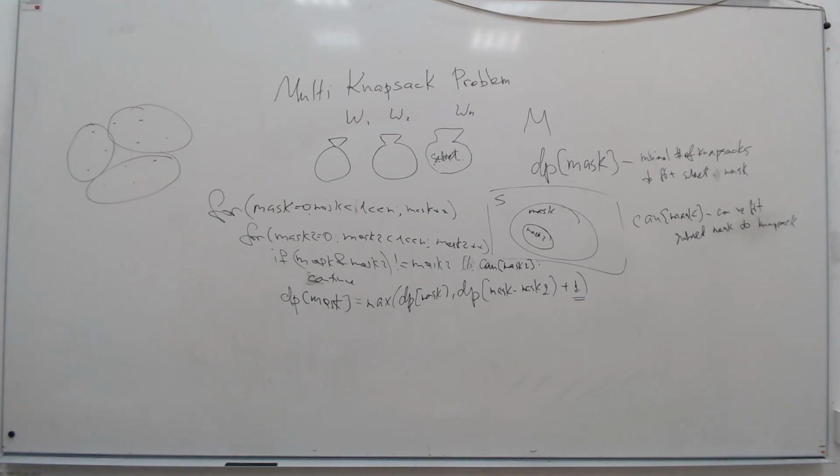These masks are just the numerical representation of the subset, and nothing else. I think I mean just not one, but two objects run out. Okay, yeah.